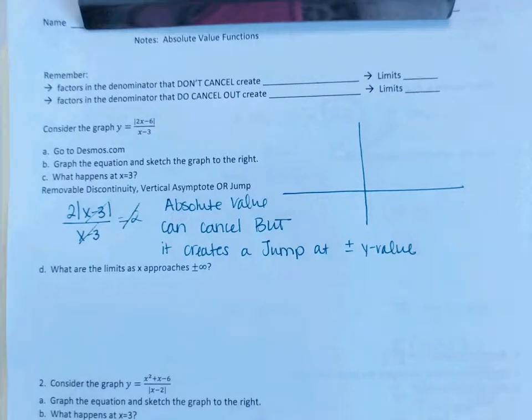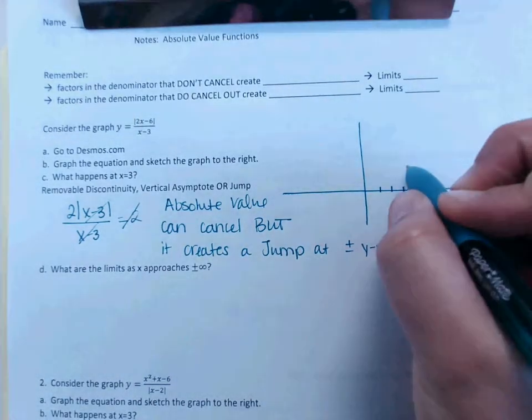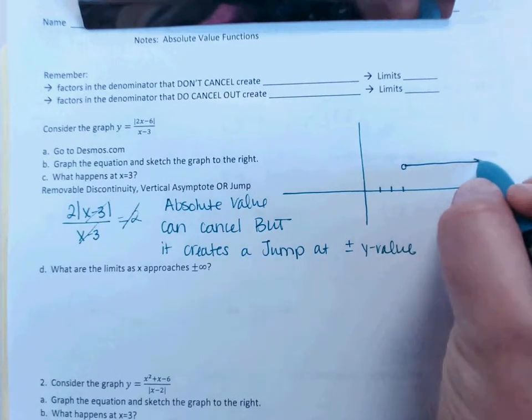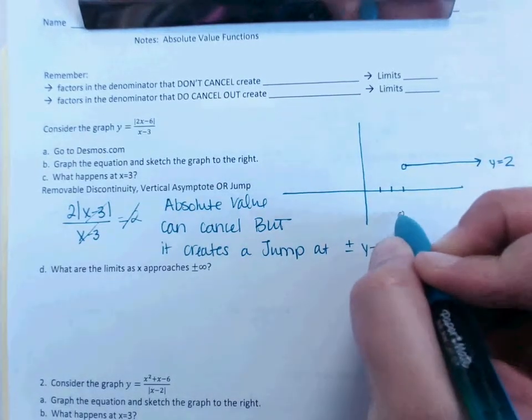If I did my cancel and get 2 for a regular equation, that would have worked fine. But if you have absolute value bars, you're going to notice that at 3, which is the limit I was finding, it is 2 on one side, and it is negative 2 on the other side.